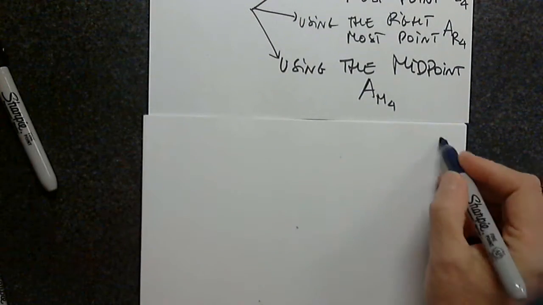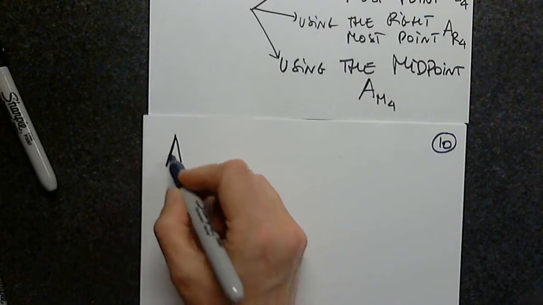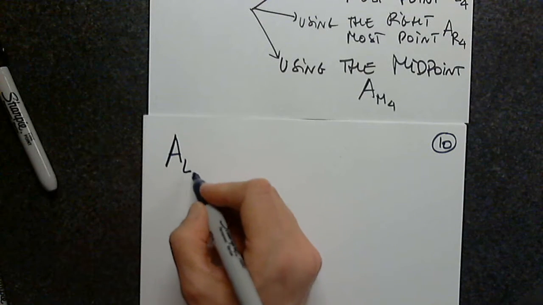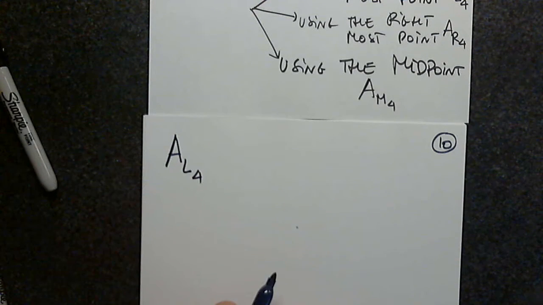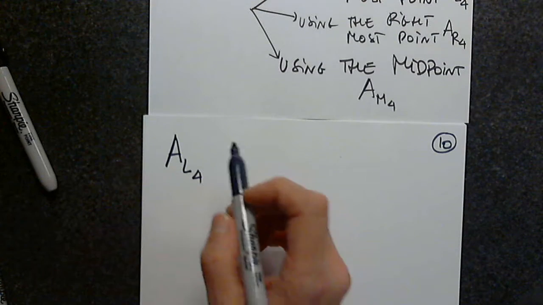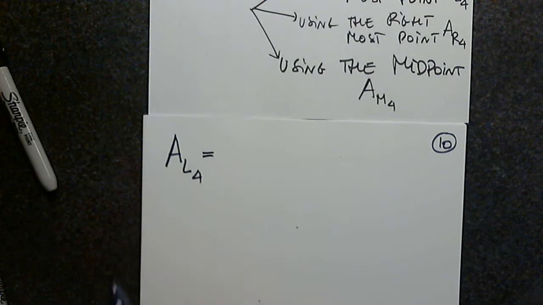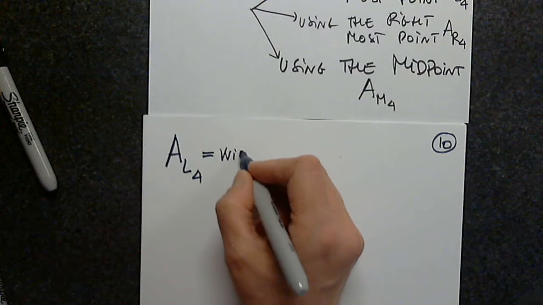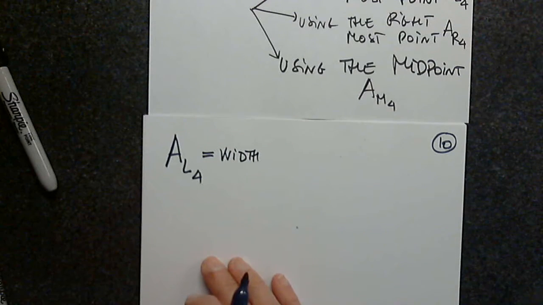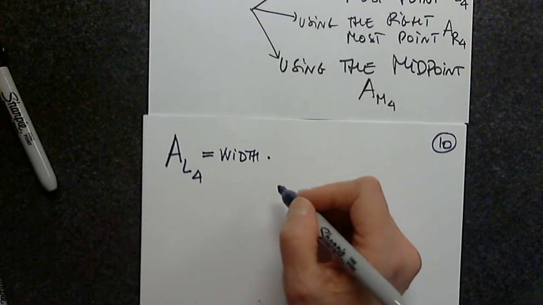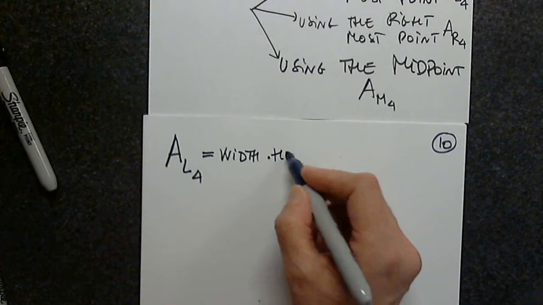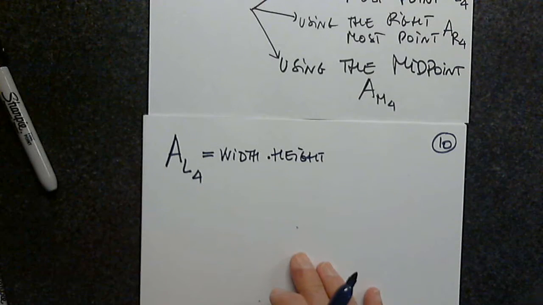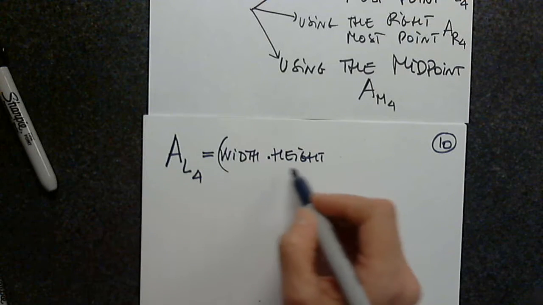So let's determine this. The area with the left using 4 subintervals is an approximation, but it equals the width of each subinterval times the height of each subinterval. And of course, this will be a sum.